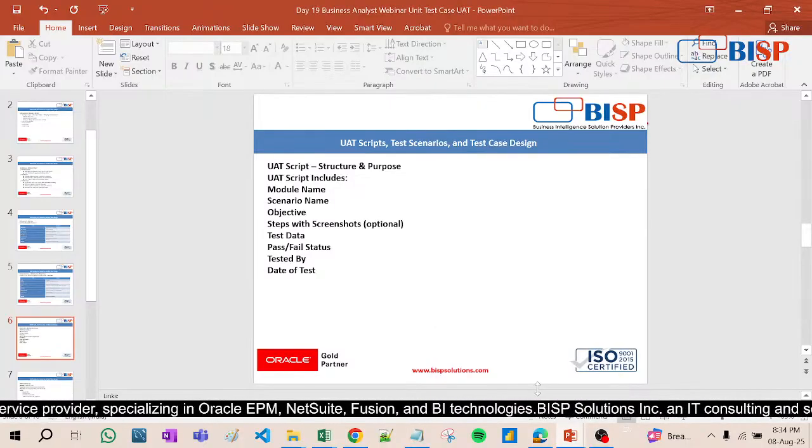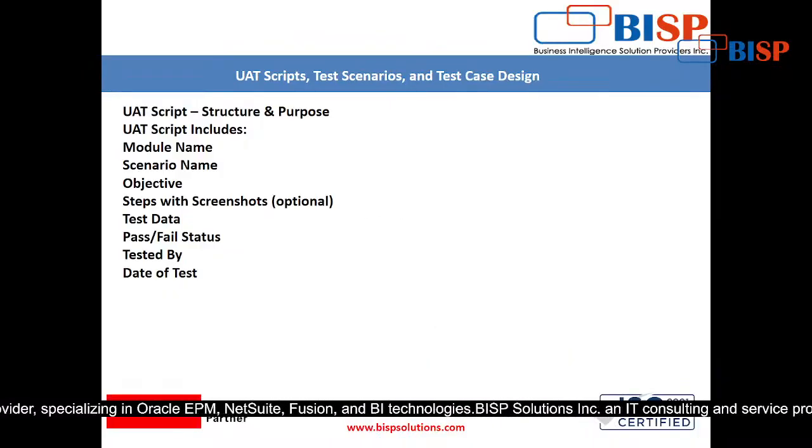Look at this, UAT script structure and purpose. Now this script includes module name, scenario name, objective, steps with screenshots, test data, okay. Pass fail status we have written in the unit test case script, right? Pass fail status is done in the test case, tested by, done, okay.